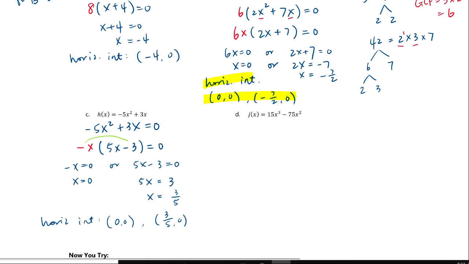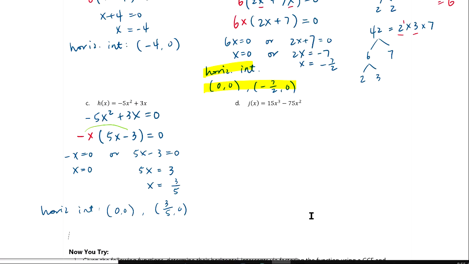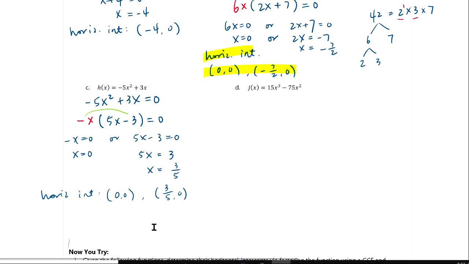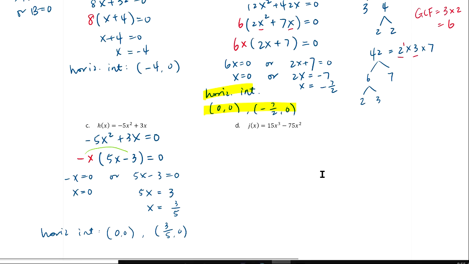And lastly, let's take a look at part D, where we have this higher degree function altogether. And if we have a higher degree function, the idea is still the same. We want to look for the GCF first. Here, if we want to set 15x cubed minus 75x squared equal to 0, again, this can be your time to practice with a prime factorization between 15 and 75 again.